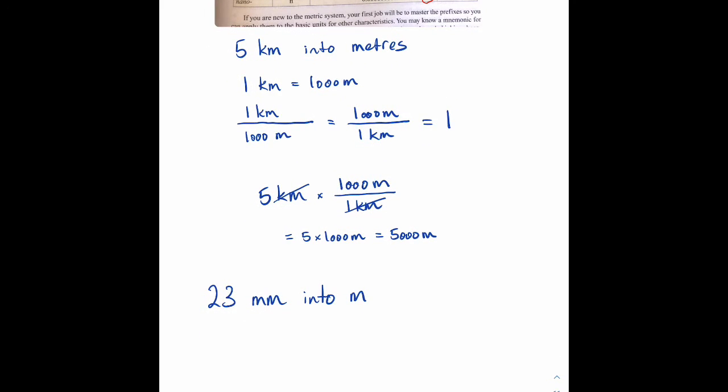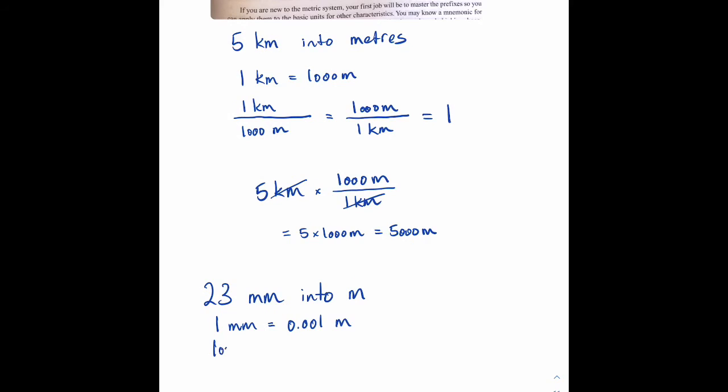So that means, looking at it the other way, I can have 1 millimeter equals 0.001 meters. Or, if you want to work with whole numbers, multiply everything by 1,000 and have 1,000 millimeters equals 1 meter.